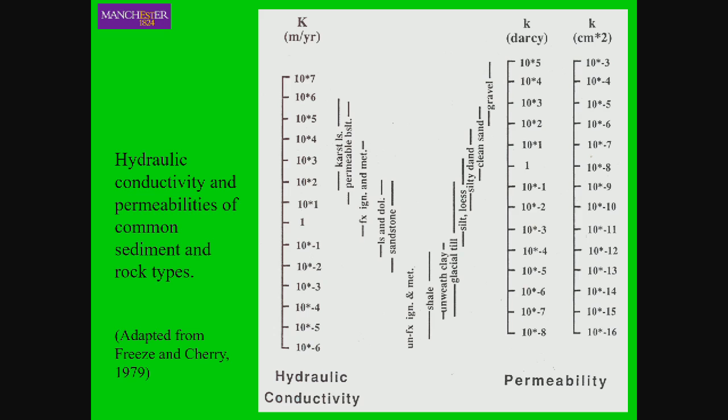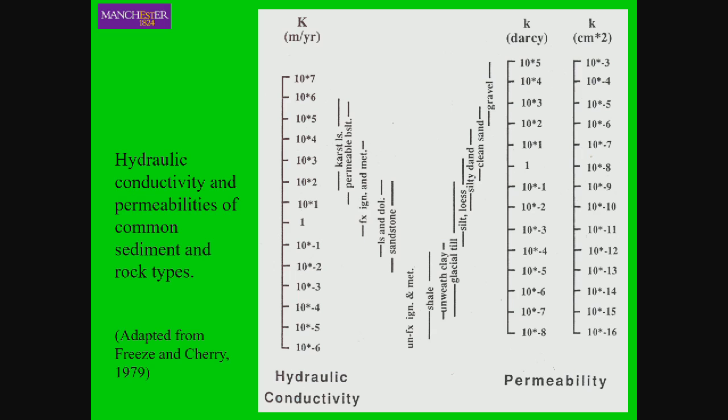It's a property of the porous media, of the rock or of the aquifer. Hydraulic conductivity is a combined property. It's a property of the fluid and of the porous media. Because we mostly talk about water, very often people use these interchangeably, but actually they're different things.